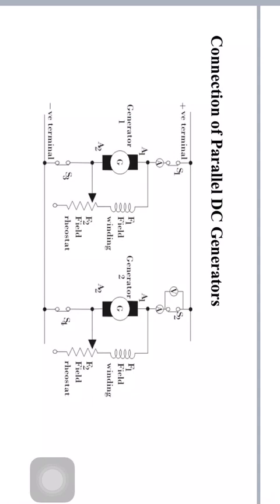Once again I am repeating, first we have to bring the speed of the prime mover of the second generator to the rated speed, and at this point switch S4 is closed.